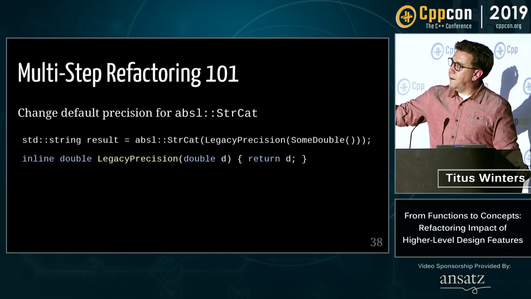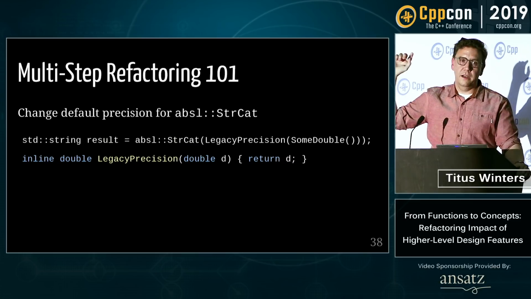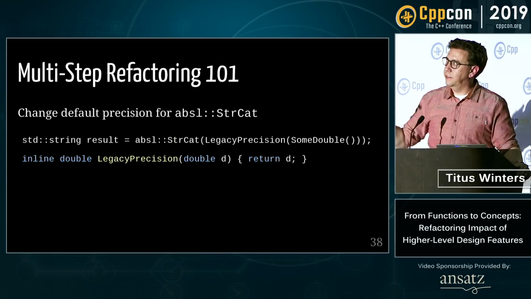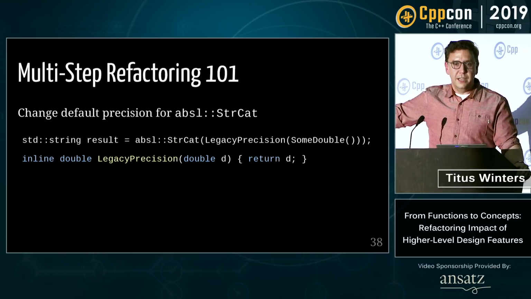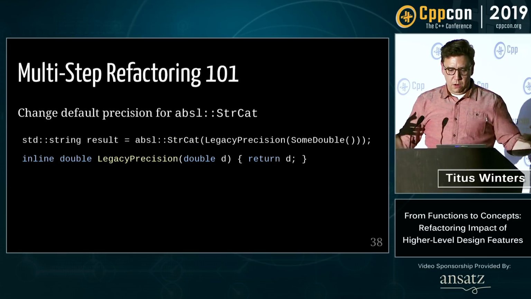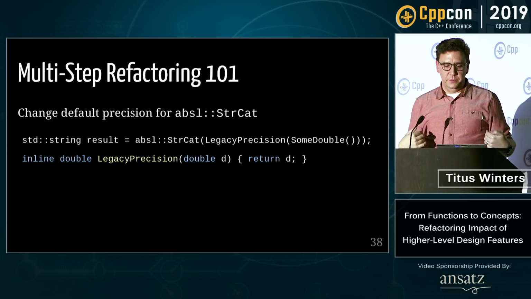So now we use Clang tools to go through the code base and find every invocation of StrCat where the expression passed into it is a double that isn't a call to legacy precision. And then we wrap all of those in a call to legacy precision. And now we know exactly where all of those are, and that the old behavior is unused, right?